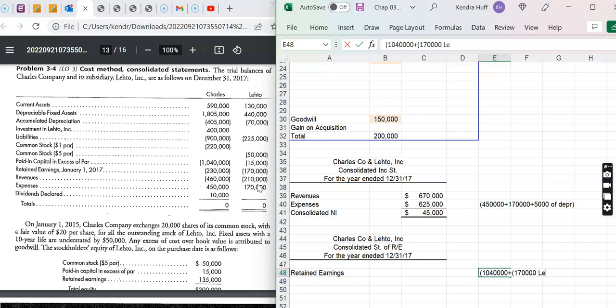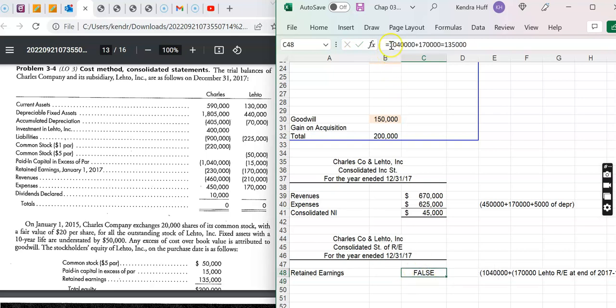This is Leto's retained earnings at the end of 2017 minus the 135, which is Leto's retained earnings at 1/1/15. It's 170,000. It's 135,000.